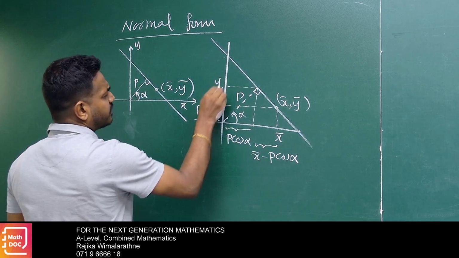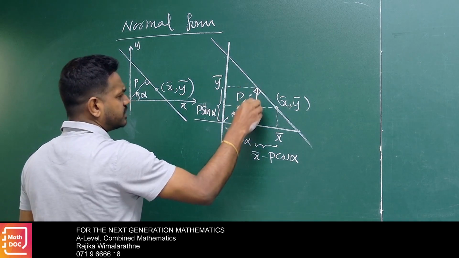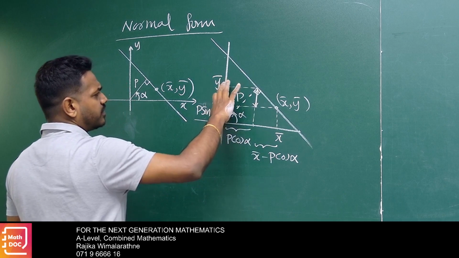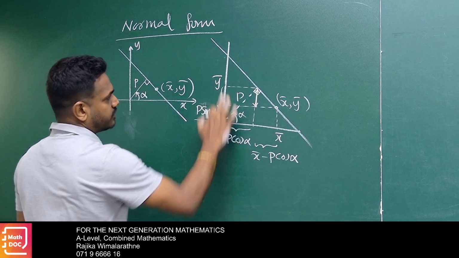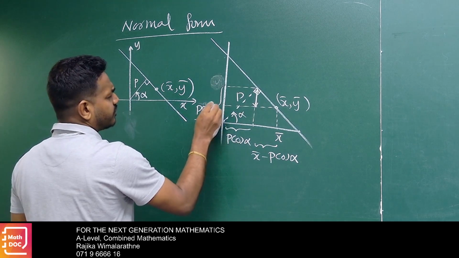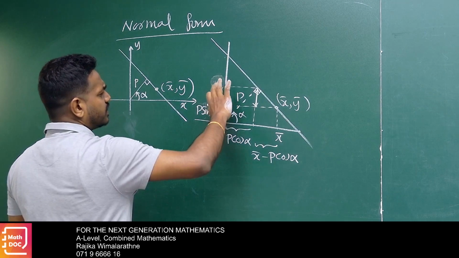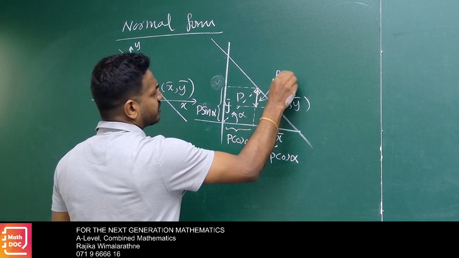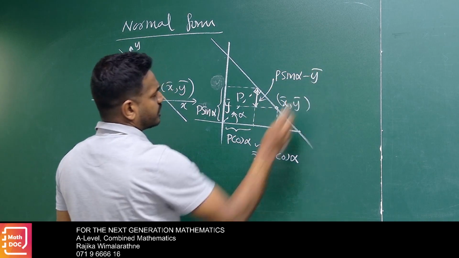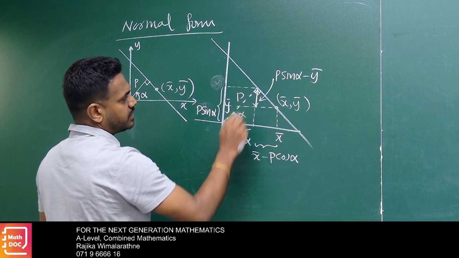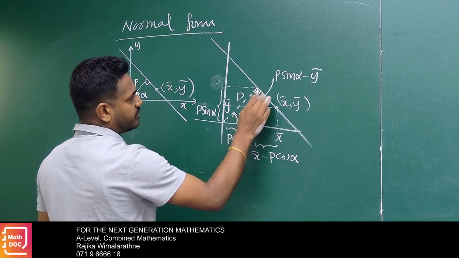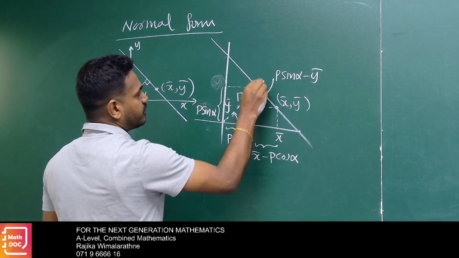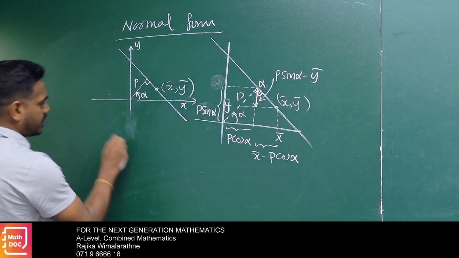Then the coordinate here y bar. Sorry, y bar is here, no? Then P sin alpha minus y bar. Then 90 minus alpha, here alpha. Here this angle alpha. Then we can connect now.